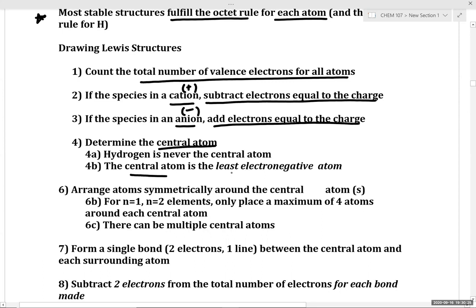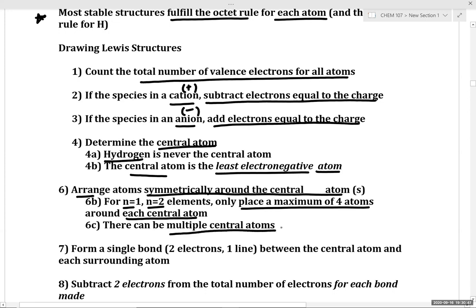The central atom is the least electronegative non-hydrogen atom. Then you place your atoms symmetrically around the central atom. For n equals 1 and n equals 2 elements, you only place a maximum of 4 atoms around the center. And note, there can be multiple central atoms.